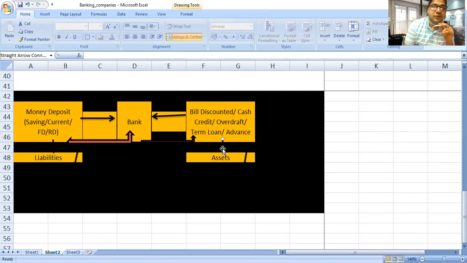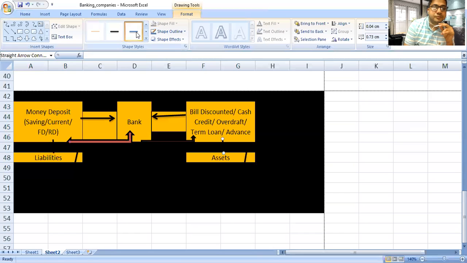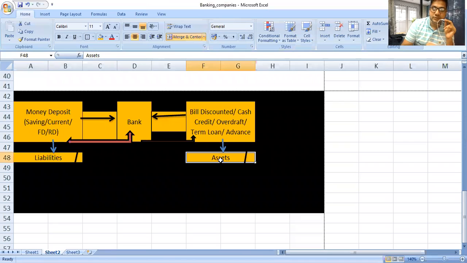So friends, one thing you have to keep in mind: whenever they accept deposits, they generate liabilities. Whenever they provide a loan, they generate assets.